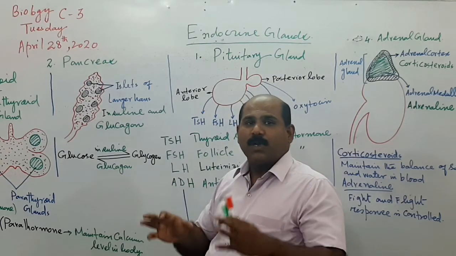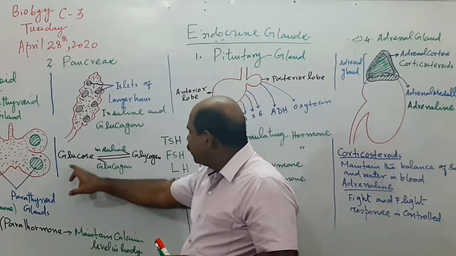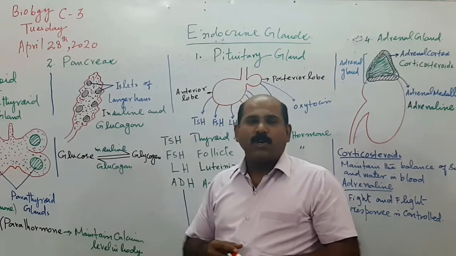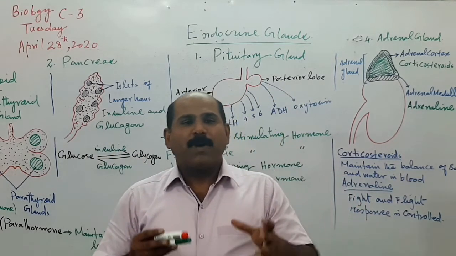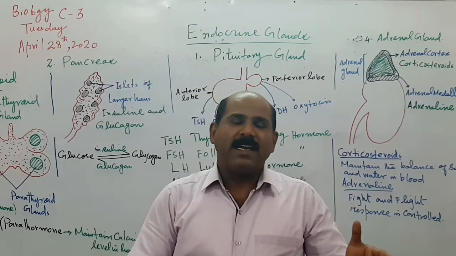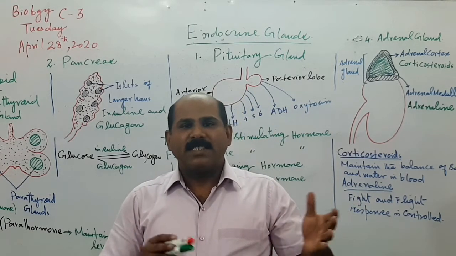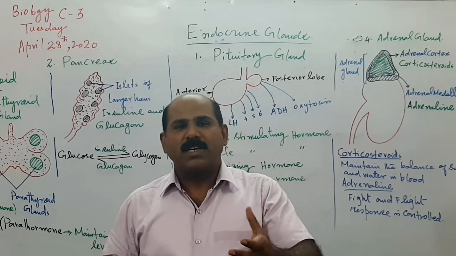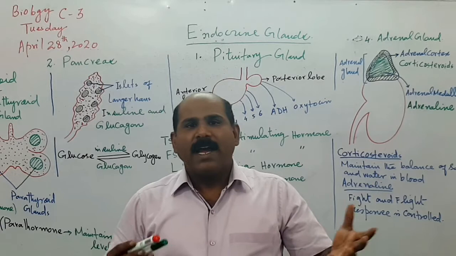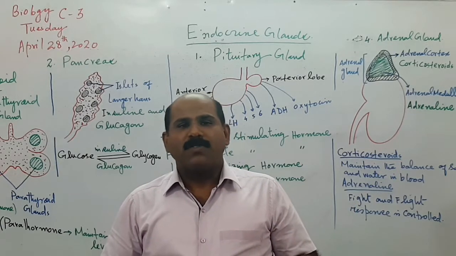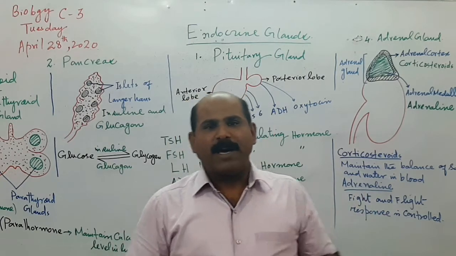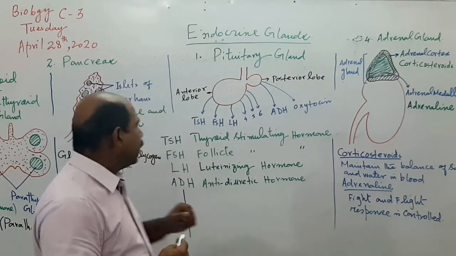So the liver is the structure where this conversion takes place. So the pancreas is the only gland in the body which is at the same time endocrine, because of the production of insulin and glucagon, and exocrine, because of the production of pancreatic juice containing many different enzymes.